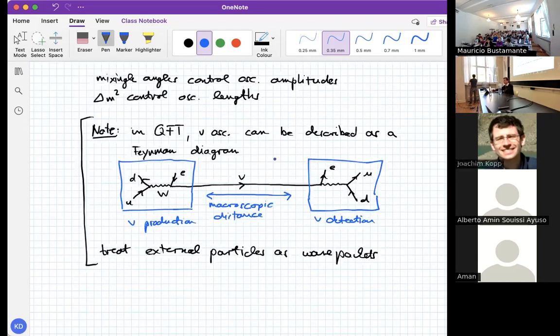So is it correct to say that in such a case the neutrino oscillation is only dependent on the L and E? Let's say the L, the E, and the masses.